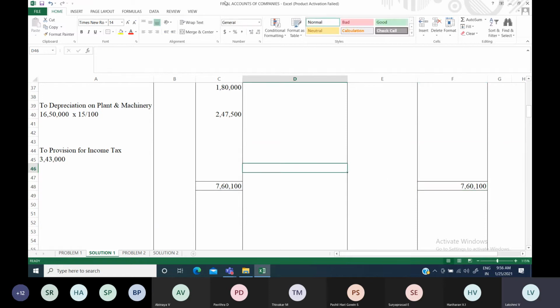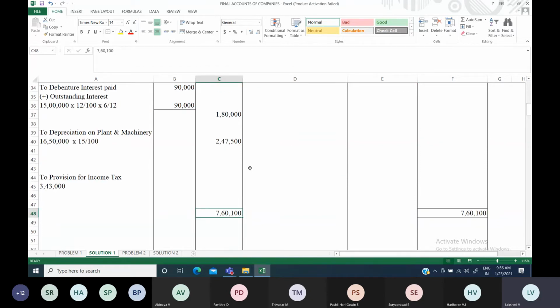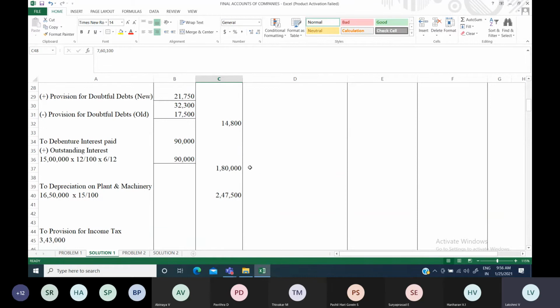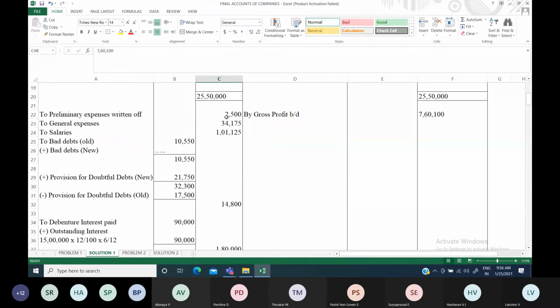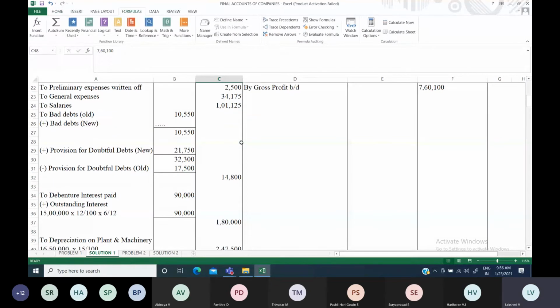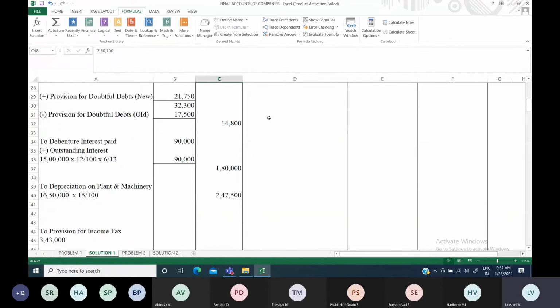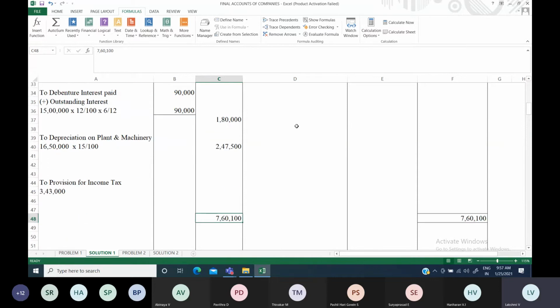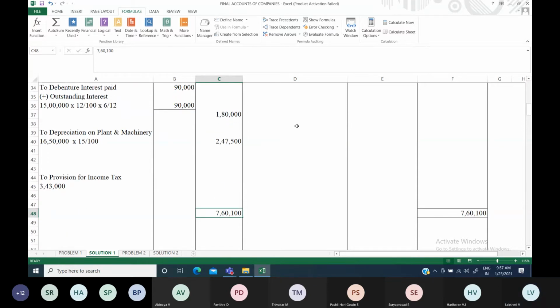From 7,60,100 you subtract each and every item: minus 2,500, minus 34,175, minus 1,01,125, 14,800, 1,80,000, 2,47,500.